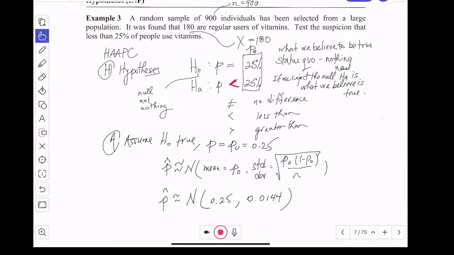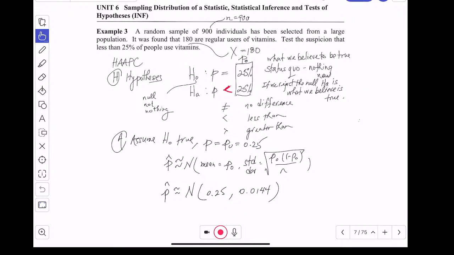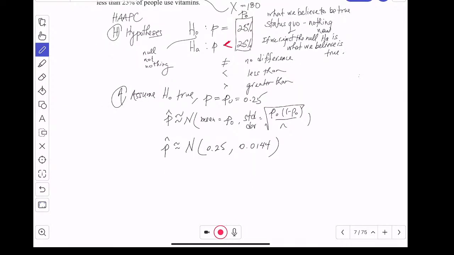Next step. Now we're going to assess the evidence. What's the evidence? The evidence from the sample. Does it correspond to what we've assumed to be true? So assess the evidence, which is P hat equals X over N, which is 180 over 900, which is 0.2.